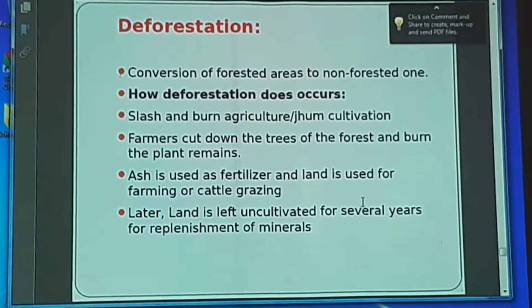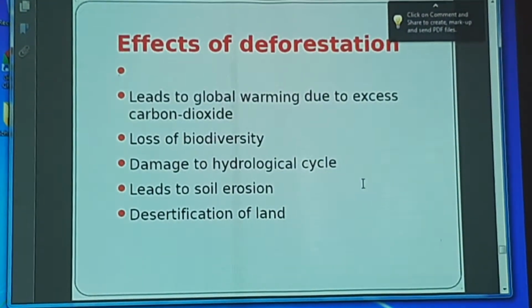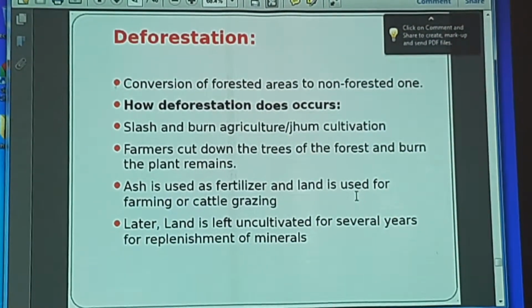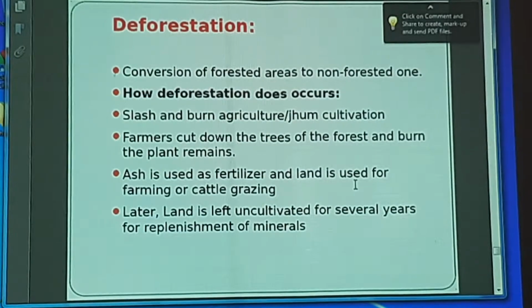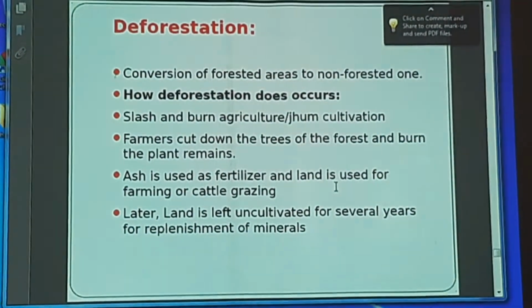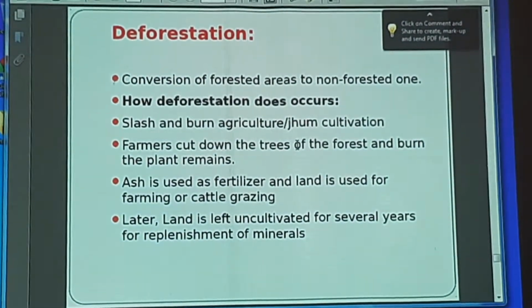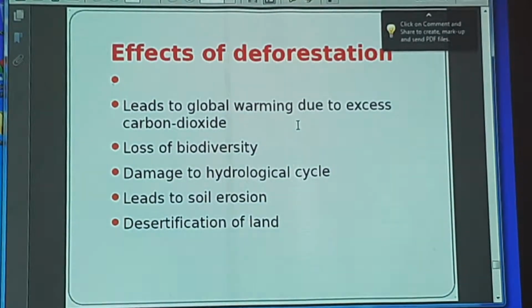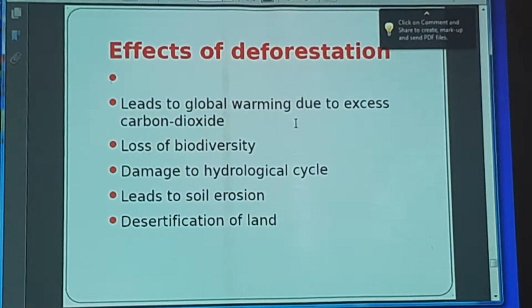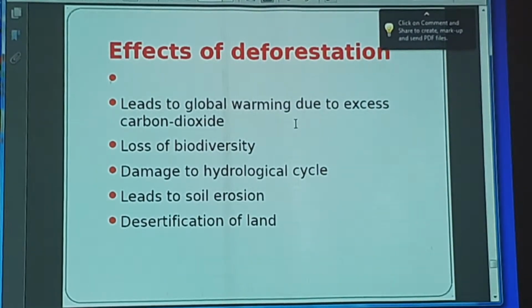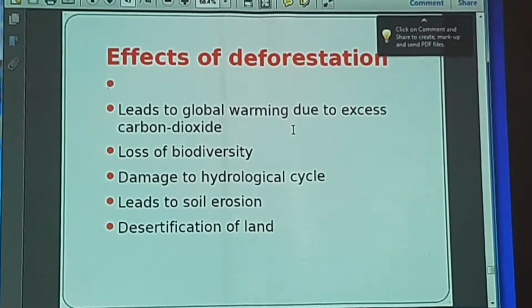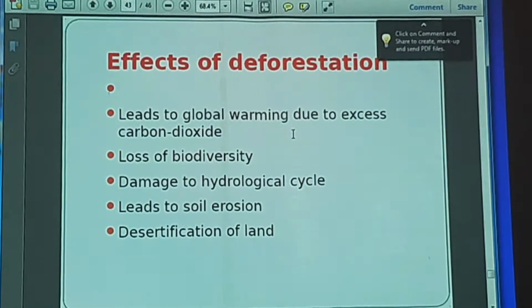Later, the land is left uncultivated for several years, because of which there is no replenishment of minerals and the soil becomes sterile. They can't have any more growth of vegetation on it. The effects of deforestation: it leads to global warming due to excess carbon dioxide, since once forests are not there they cannot absorb it.